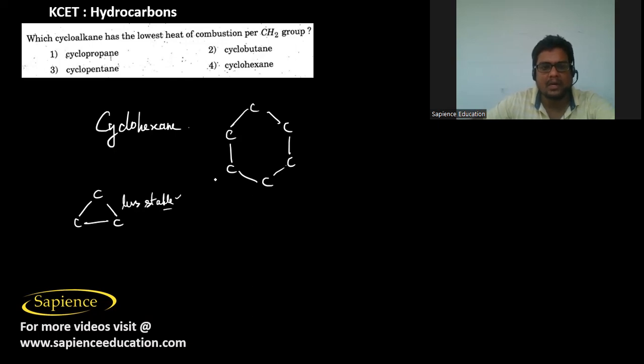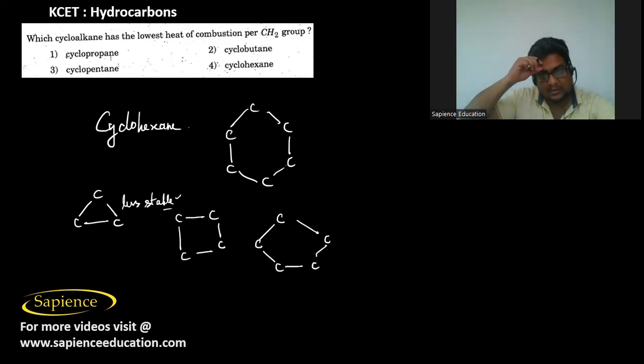Cyclobutane has a 4 carbon ring, and cyclopentane has a 5 carbon ring. Now, cyclopentane is a very stable ring according to the Baeyer strain theory, it has very less angle strain.